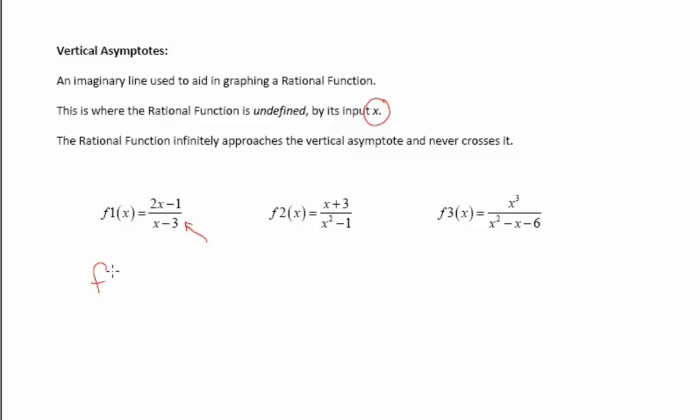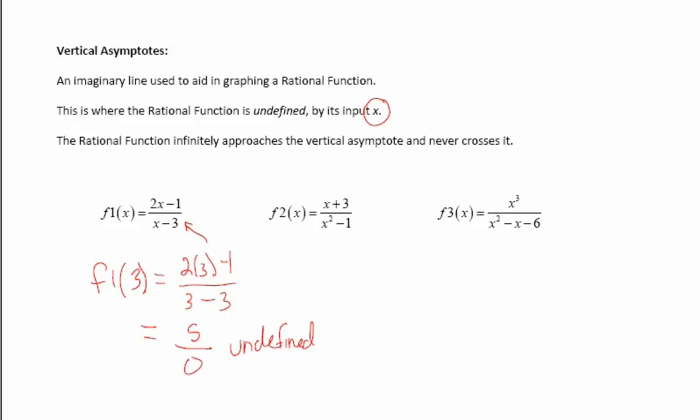So if I take function f1 and I put 3 into it, this is what happens: 2 times 3 minus 1 over 3 minus 3. This becomes 6 minus 1, or 5, over 0. And that is undefined. So 3 is not in the domain.